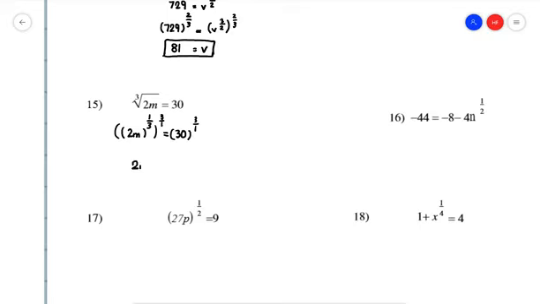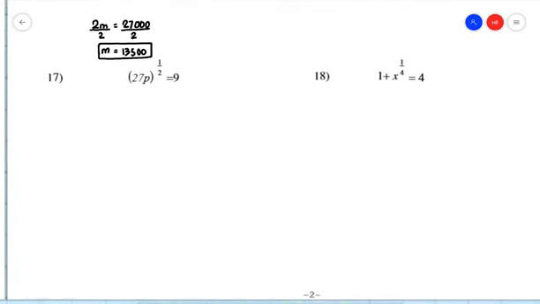So we get 2m is equal to 30 raised to the 3rd power, which is 27,000. We'll divide everything by 2. I get m is equal to 13,500.